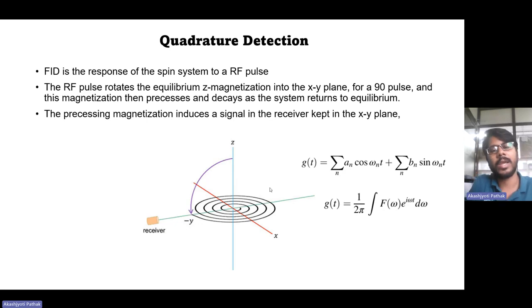And how do we get the direction along which the bulk magnetization will flip? We had seen that we apply the right hand thumb rule. Using the right hand thumb rule, we can determine the direction in which the bulk magnetization will flip from its equilibrium z-axis to the xy plane.